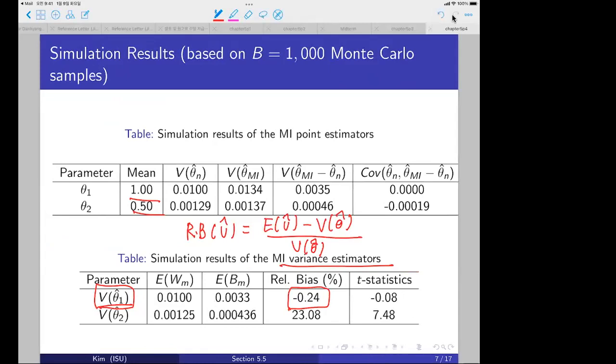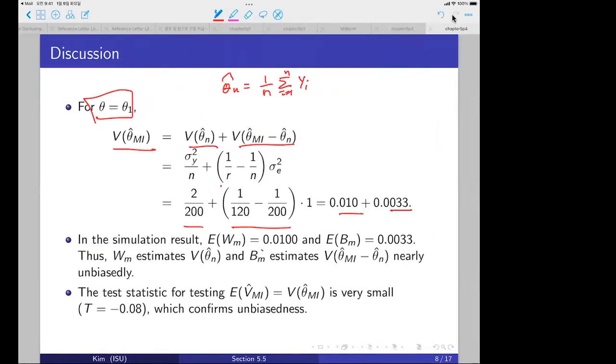I actually computed each component of the variance separately in the simulation. This is the simulation result, and this is the theoretical result. And this actually matches quite well. So that means the variance estimator is very good for theta 1.